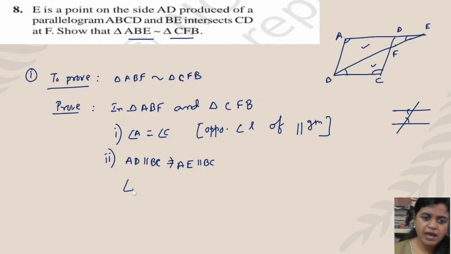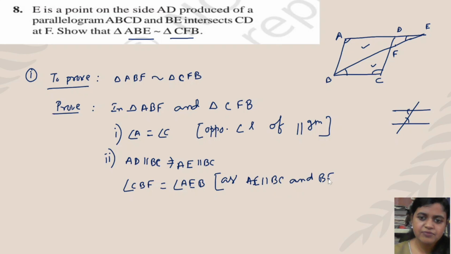So angle CBF equals angle AEB, as AE is parallel to BC and BE is the transversal.